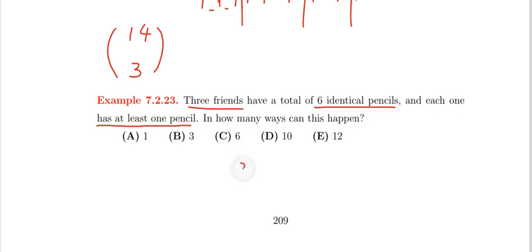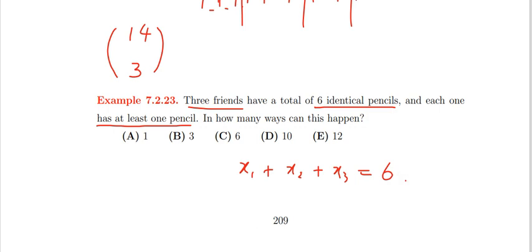The first has x1 pencils, the second friend has x2 pencils, and x3 for the third. So we have this equation: x1 + x2 + x3 equals 6, right?